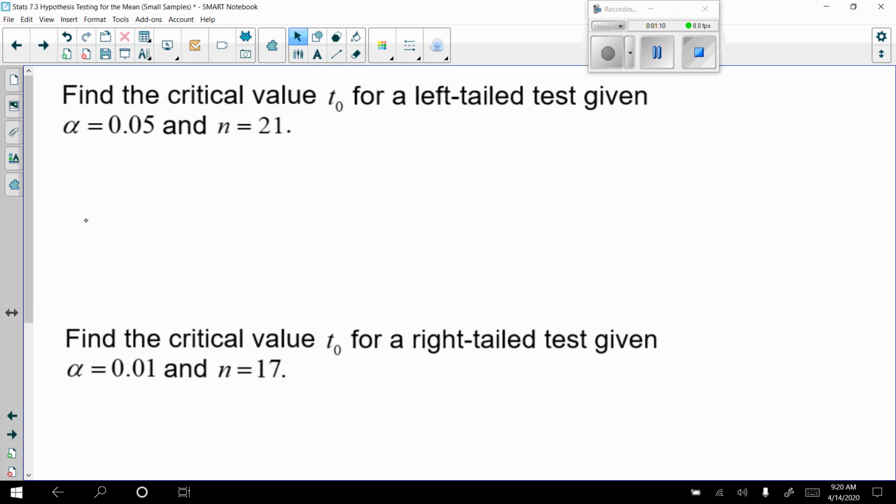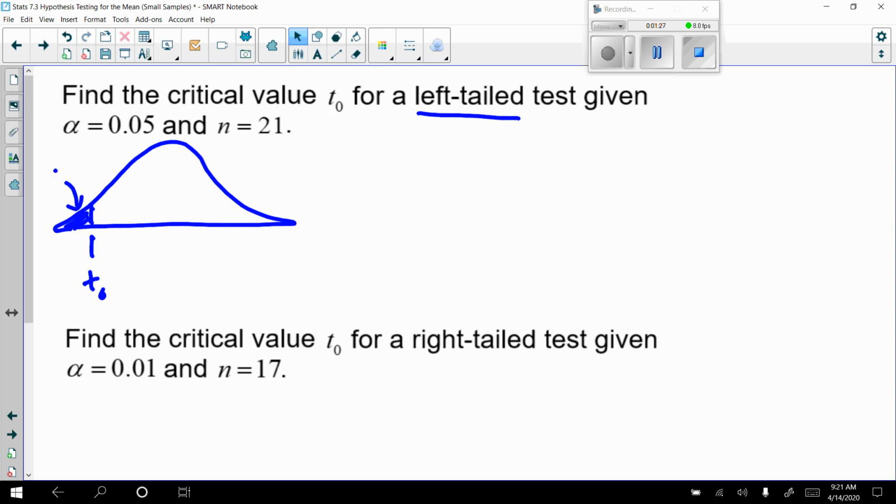So if I have a t-distribution where it is a left-tailed test, that means that it's shaded on the left. We have to find the t naught for this spot where alpha is equal to 0.05. So we have to find the degrees of freedom, which is going to be n minus 1, which is 21 minus 1, or 20.